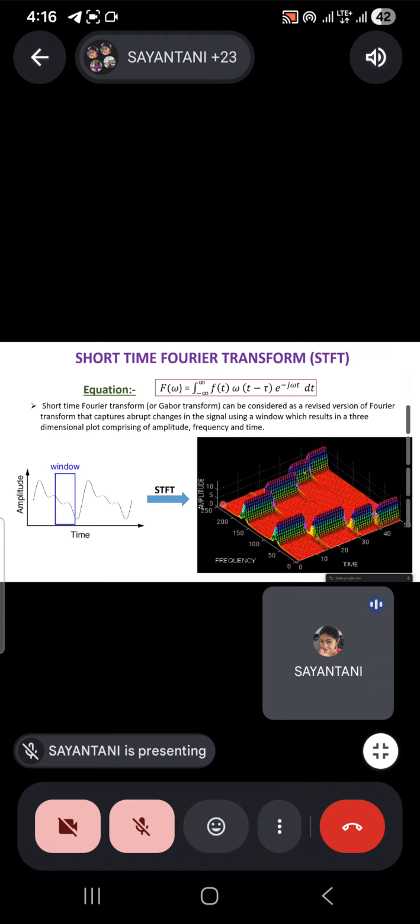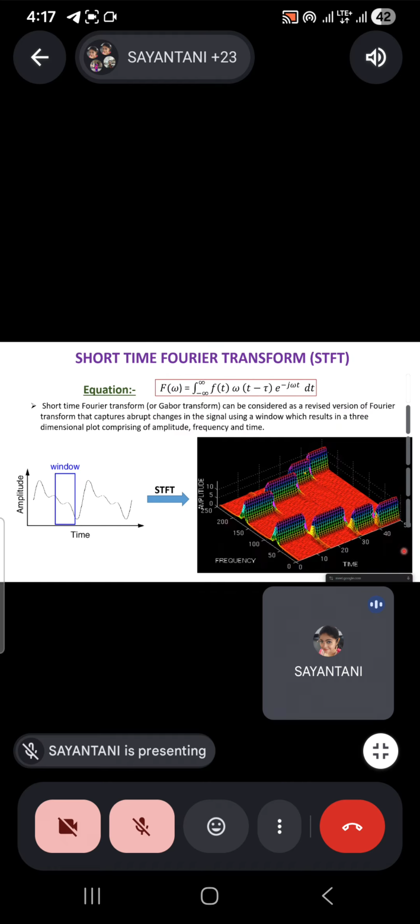What we get over here, in one axis we have the amplitude, we have the frequency, and then we have the time. So within a single plot, we are obtaining 3 types of information, that is amplitude, frequency, as well as time. So you can see how the frequency components are changing with respect to time. And of course, through the amplitude, we can understand the magnitude of these changes.